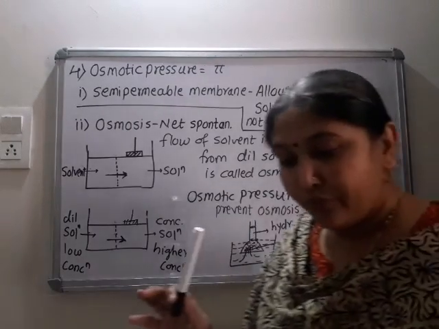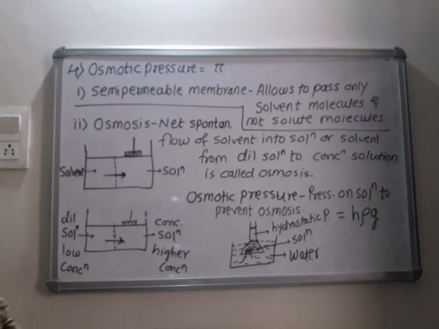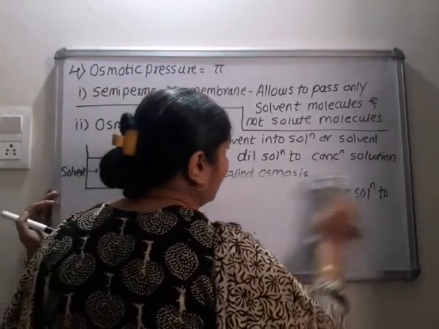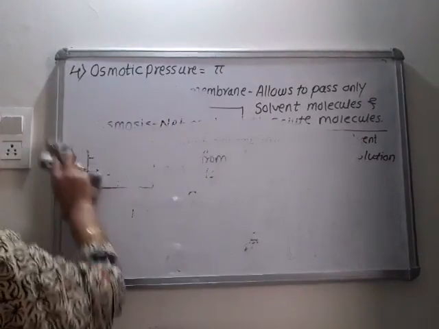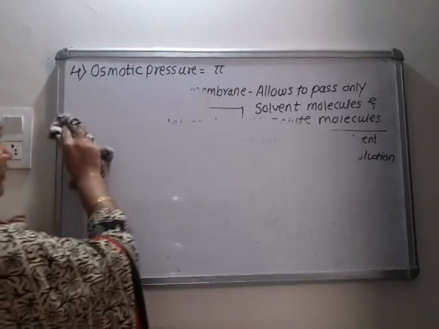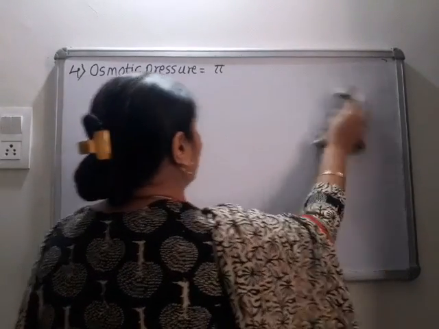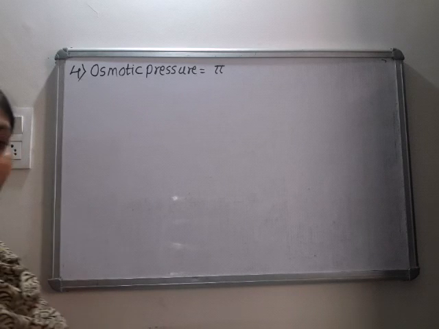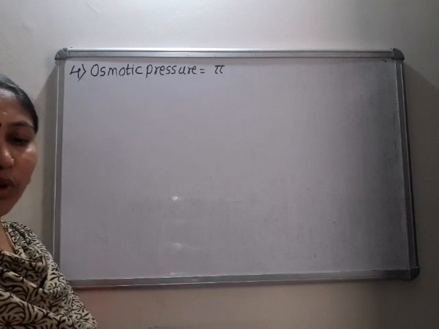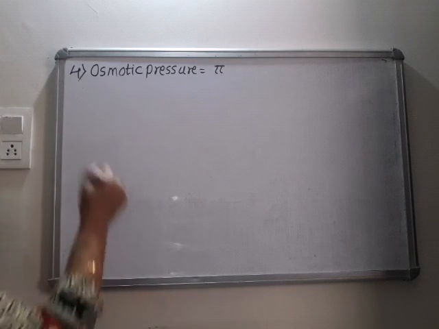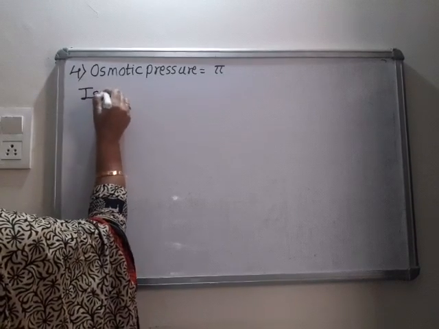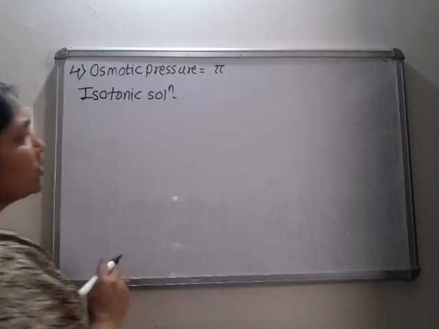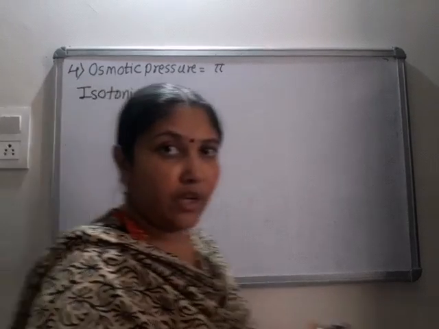Now, next point: different types of solutions. Three terms they have given here: isotonic solution, hypertonic solution, and hypotonic solution. What is it? First one is isotonic solution. Iso means same.